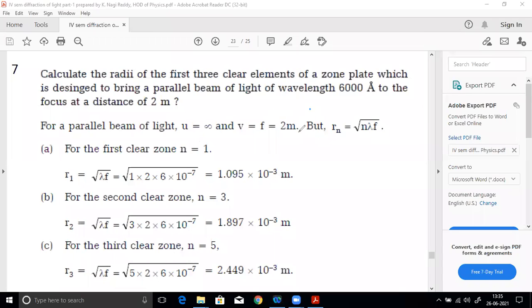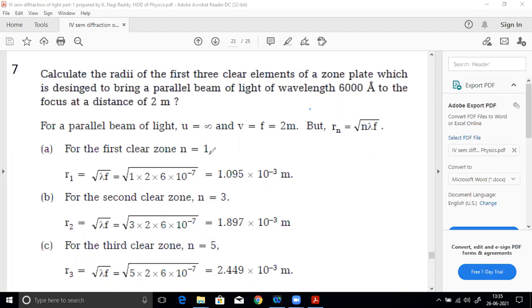The focal length is 2 meters, and we need the first 3 clear zones. Rn is equal to square root of n f lambda.